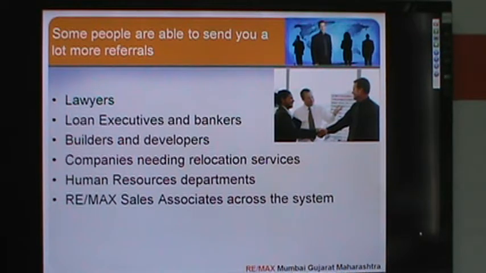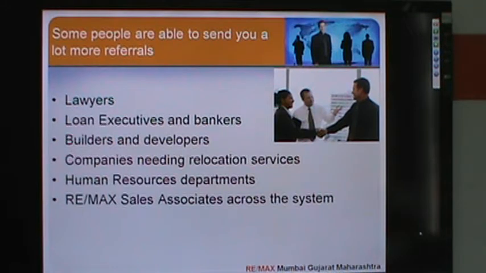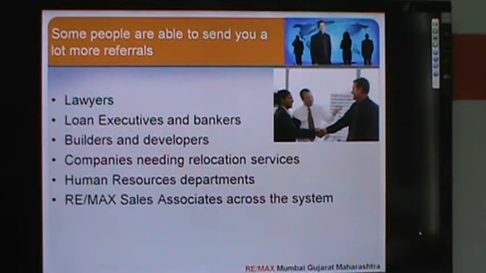Some people are able to send you a lot more referrals than others due to the nature of their work, like lawyers, loan executives, bankers, builders and developers, companies needing relocation services, human resource departments of a company, and all remote sales associates across the system. So try to do prospecting that can give you leverage.